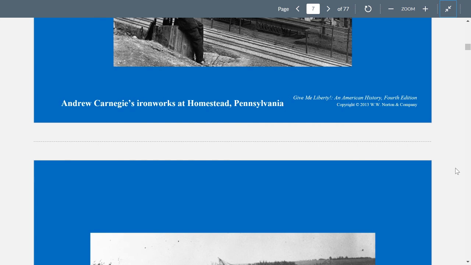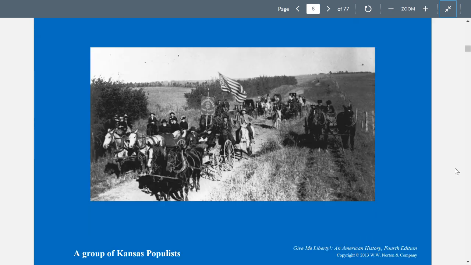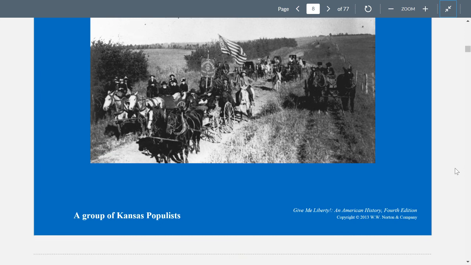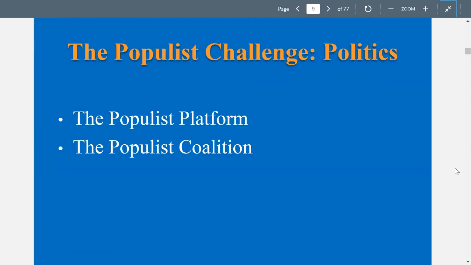Now, as we move forward in looking at the populists, the populist platform is going to be a bit challenging to put into one category, because it is going to be focused on ordinary Americans.